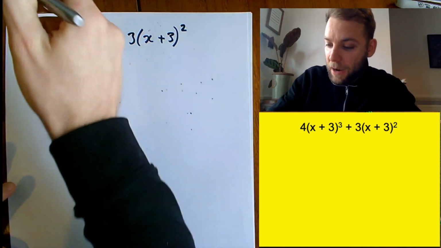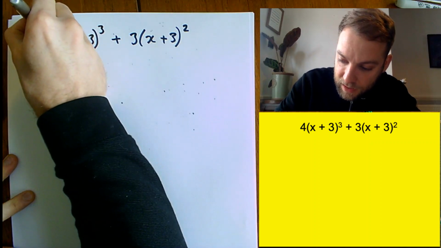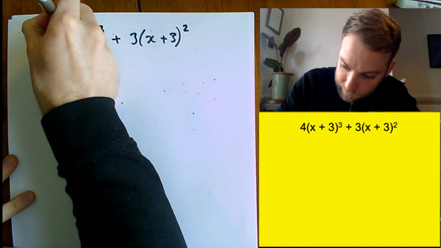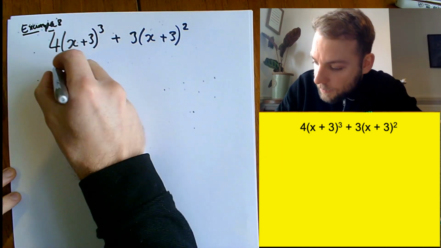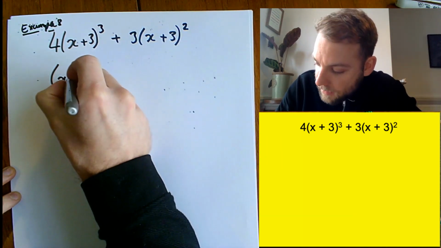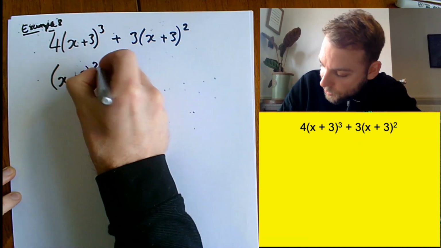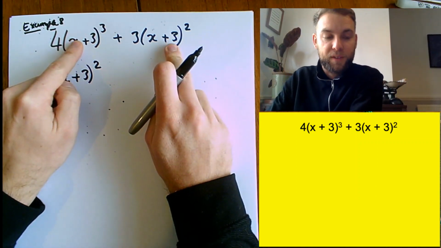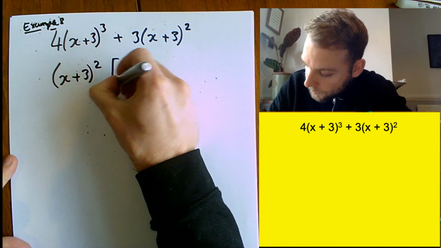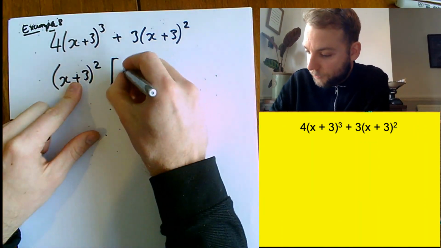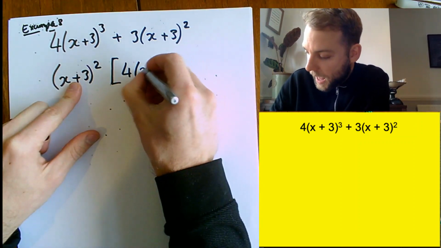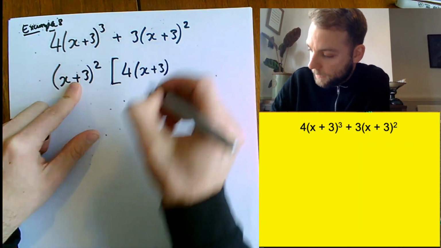So what I can take out of this, remember this is example 8, make sure it's in your notes, I'm taking both of these out, so that's going to be equal to x plus 3 squared, because that's the highest power in both of these, times by, well, if I've taken out a squared from this one, what am I left with? I'm just left with 4 times by x plus 3.